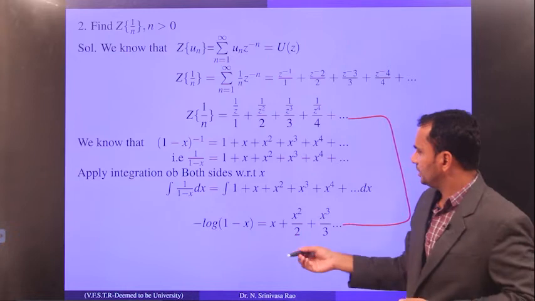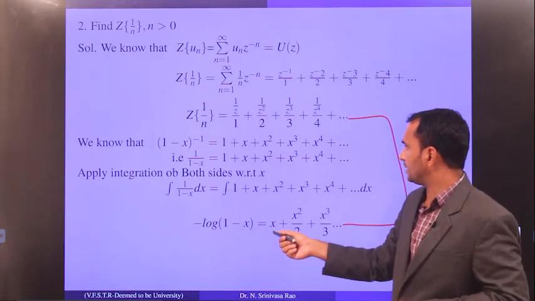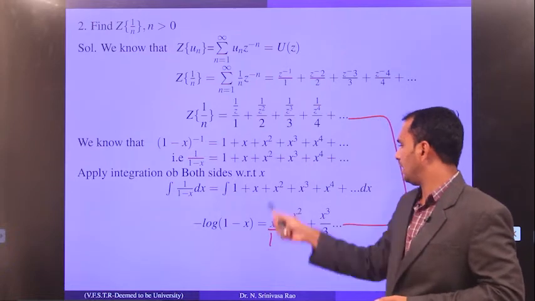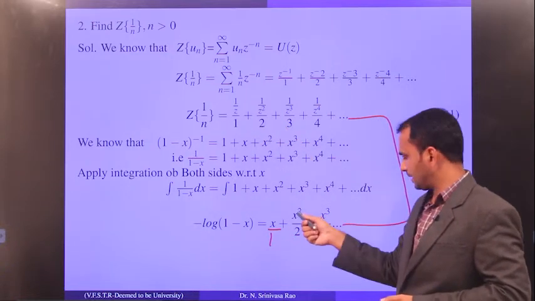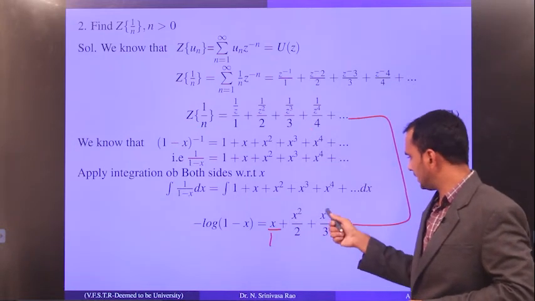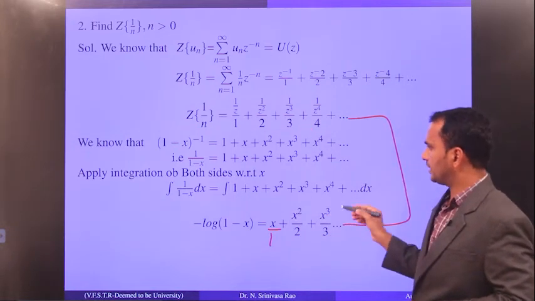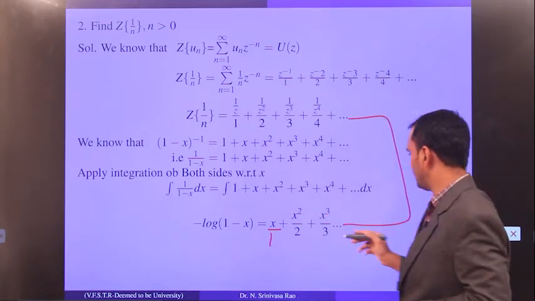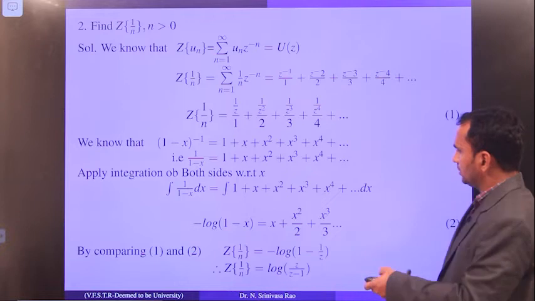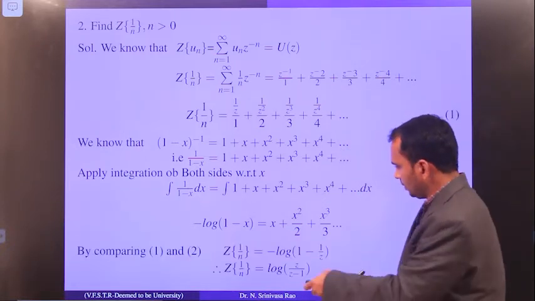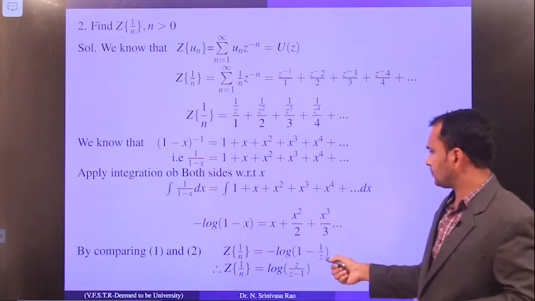If you compare these two, this is x by 1, and here it is 1 by z; here it is x square by 2 and there 1 by z square by 2; here x cube by 3 and there 1 by z cube by 3. So in the place of x, you have 1 by z, that is the only difference. Therefore the whole expression is written as minus log of 1 minus 1 by z.